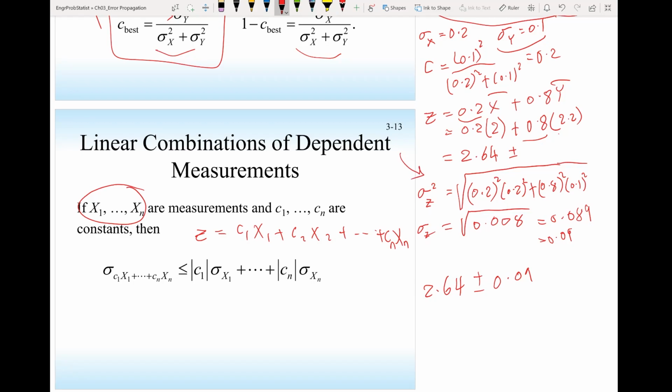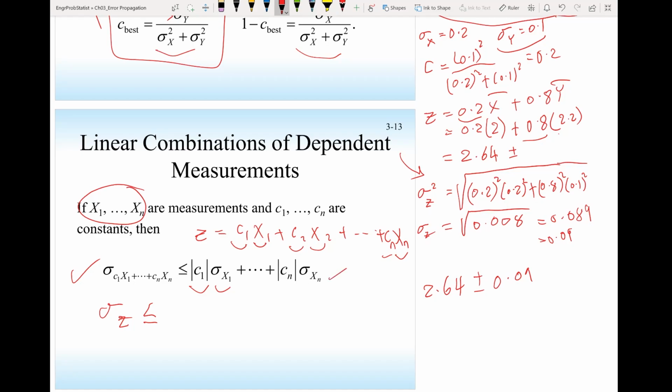So then a better estimation, even though it will be an overestimate, is that the standard deviation of z will be less than or equal to the absolute value of C1 times the standard deviation of x1, plus the absolute value of C2 times the standard deviation of x2, plus the absolute value of Cn times the standard deviation of xn. You use this one if you don't know whether x1, x2, xn are independent.